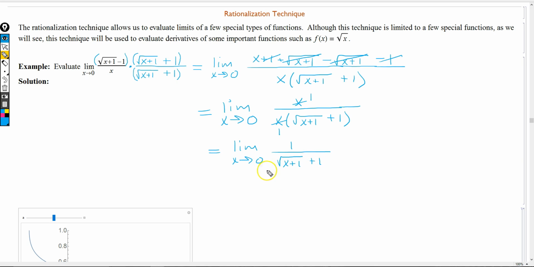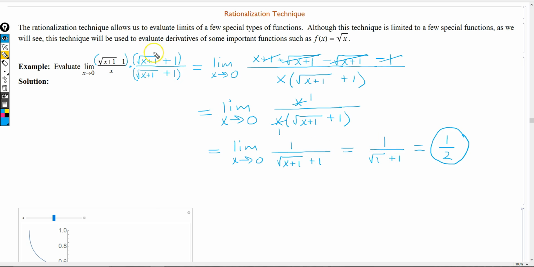And now we can just plug that 0 in for the x here. We have no trouble plugging that in because we're not going to be dividing by 0. And we end up with 1 over root 1 plus 1, which is 1/2. And that's our answer. That's what the limit is.